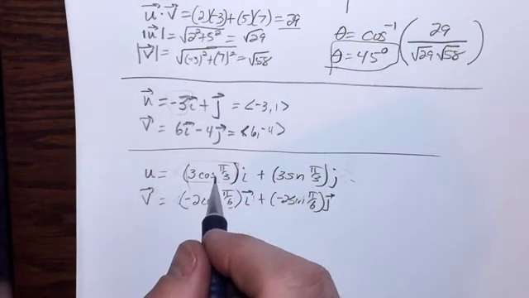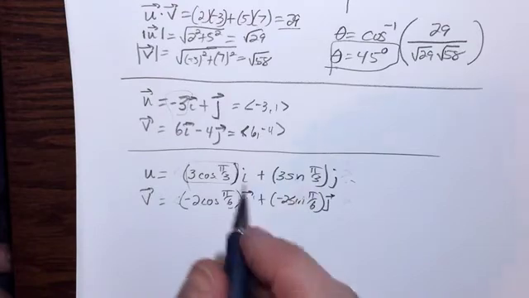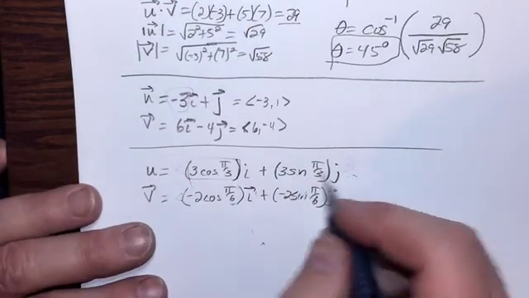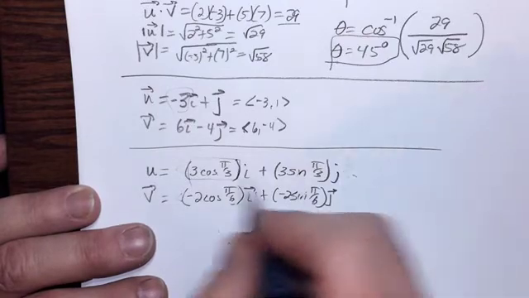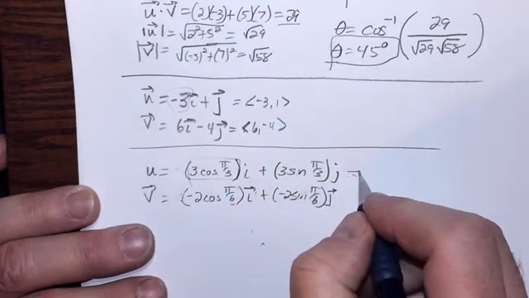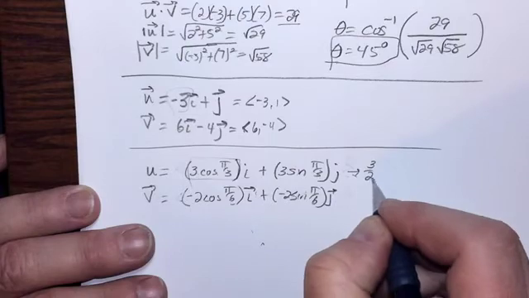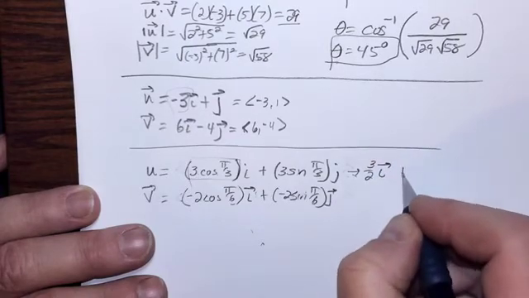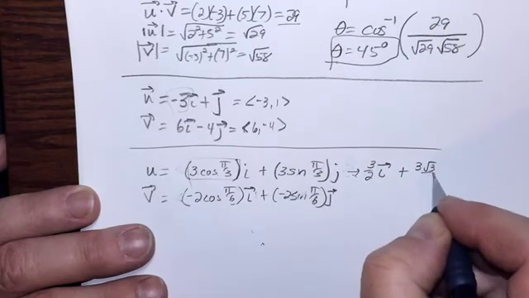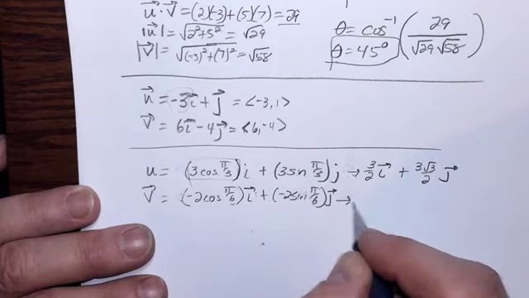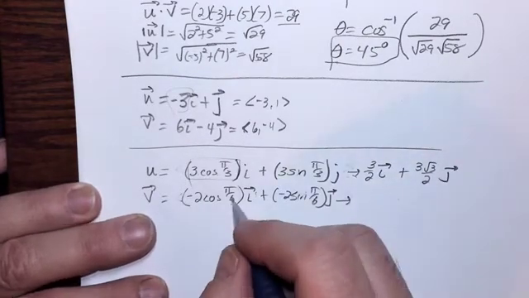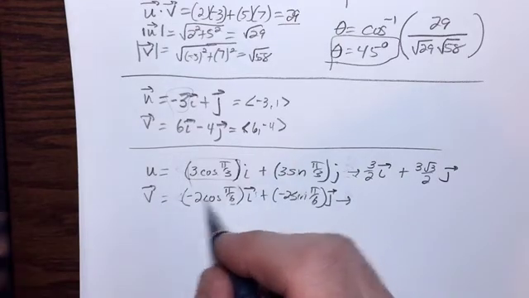We recall from our unit circle, cosine of pi over 3 is 1/2, sine of pi over 3 is root 3 over 2. So u can be written as 3/2 i plus 3 root 3 over 2 j. And v can be written as cosine of pi over 6 was root 3 over 2.